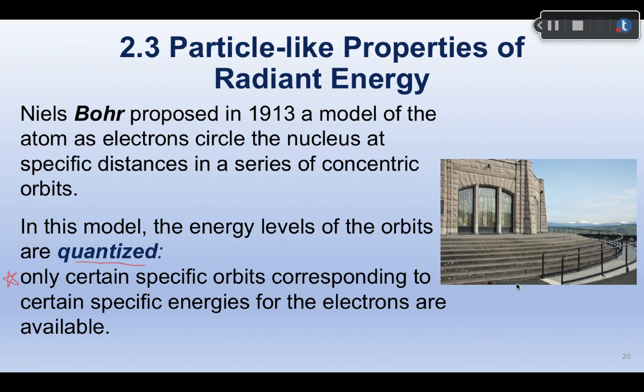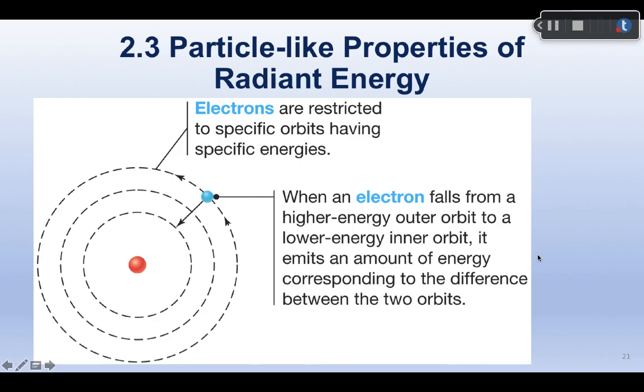It's like saying you can only be on steps in a quantized way. You're either on the bottom step, the first step, the second step. You can't be at step 1.4 or step 2.7. You can only be on specific steps, and energies of electrons are similar to steps in that sense. They're quantized.